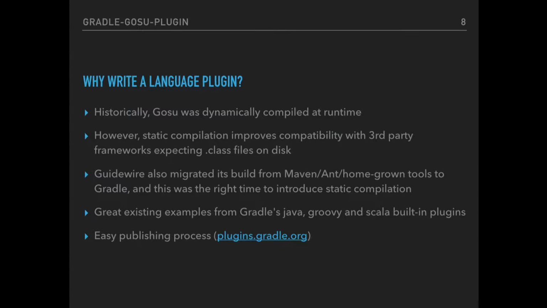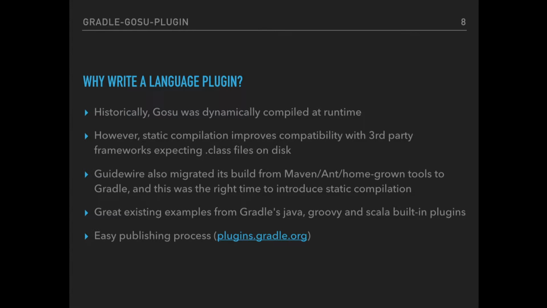So why write a language plugin? Well, I mentioned that historically Gosu was dynamically compiled at runtime, but there are so many tools out there, whether it's the Maven Surefire plugin, or running tests in Gradle, that are basically hard-coded to look for a .class file on disk, and traditionally we didn't have that.